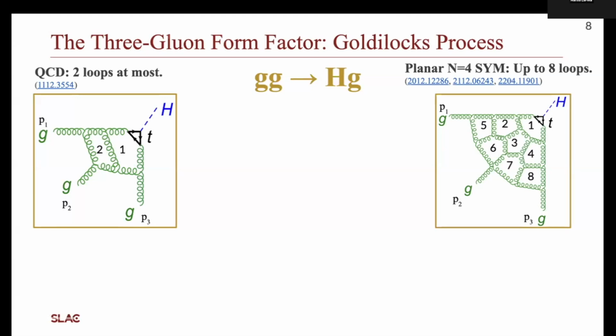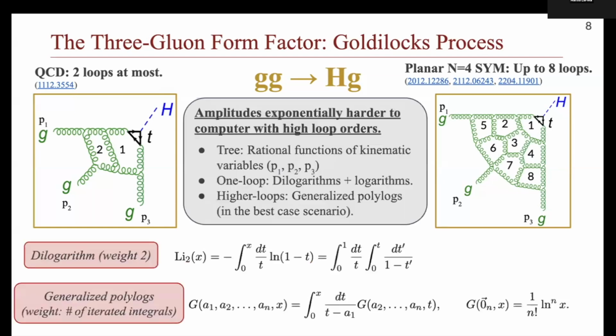However, if you're willing to go to a toy model, which is a simplified version of QCD, its cousin called planar N=4 super Yang-Mills theory, this process has been calculated up to 8 gluon loop order.